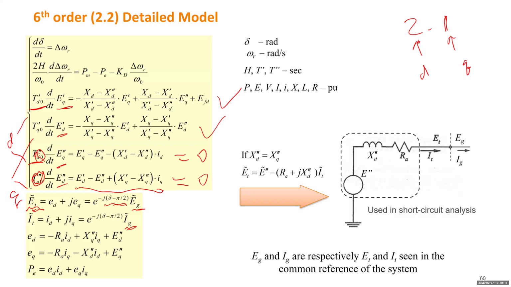Then you get a 1.1 model. Using the last 2 equations to solve for EQ double prime and ED double prime, and plug into the third and the fourth equation to eliminate ED and EQ double prime. Then you have only 4 equations with single prime parameters. So that's the answer. You won't be able to see any double prime parameter.